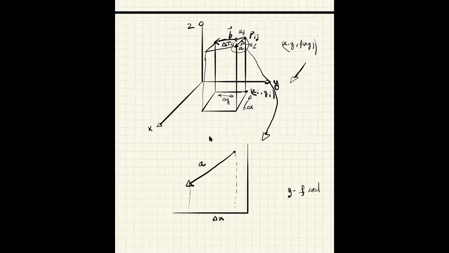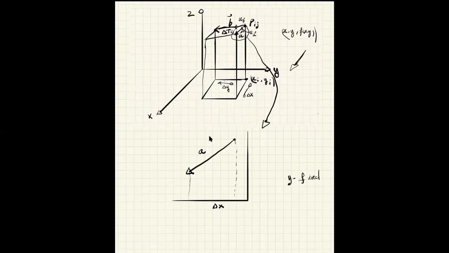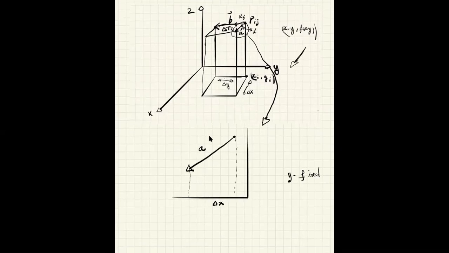So what happens is, remember, the directional derivative is actually just the tangent line of a section of the surface. So when you fix y, the surface looks like a curve, right?